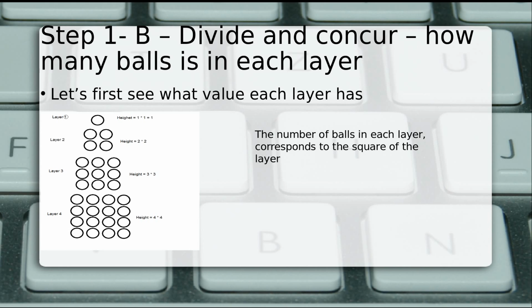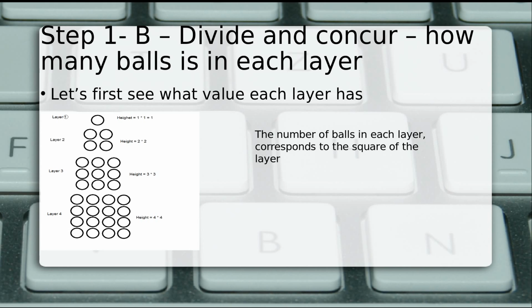If we have height of 1, then we only have one ball. So layer 1 has one ball in it. Layer 2 is interesting. It has 4 balls, 1, 2, 3, 4, and it's basically 2 multiplied by 2. Notice the relationship: layer 2, height 2 times 2.